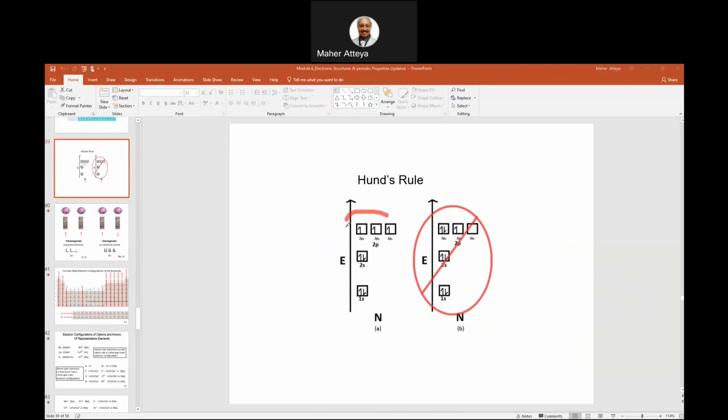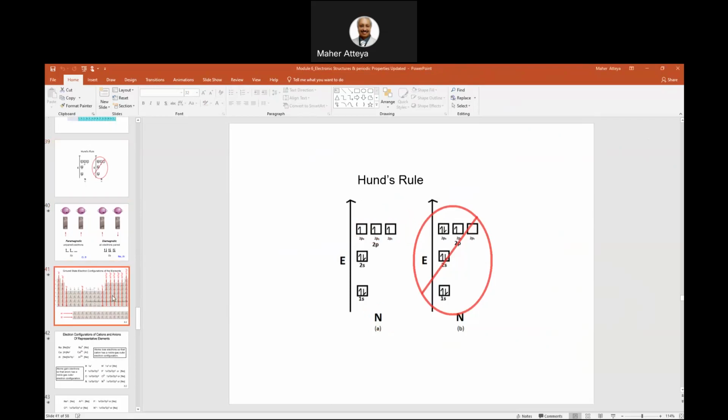Those are parallel to each other. They are not filled. Correct? Those are unpaired. So nitrogen as an atom is paramagnetic. Oxygen is paramagnetic as well. So you can see, as an atom, this is paramagnetic because you have those unpaired electrons.